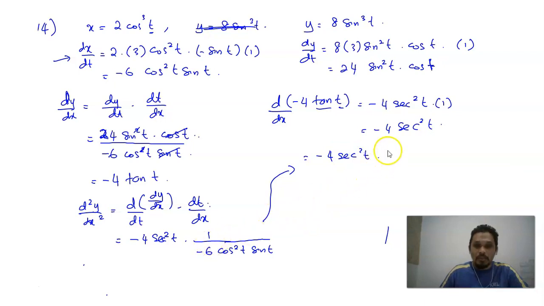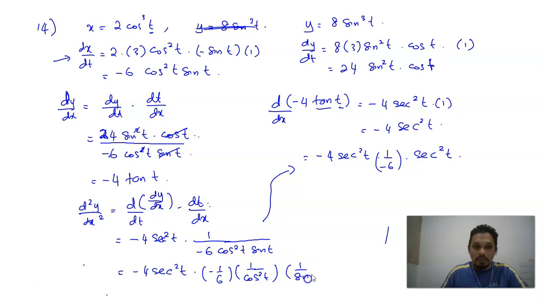And this is 1 over negative 6, and 1 over cos squared is another secant squared t. So negative 4 secant squared t, multiplied with negative 1 over 6, 1 over cos squared t, and 1 over sine t.